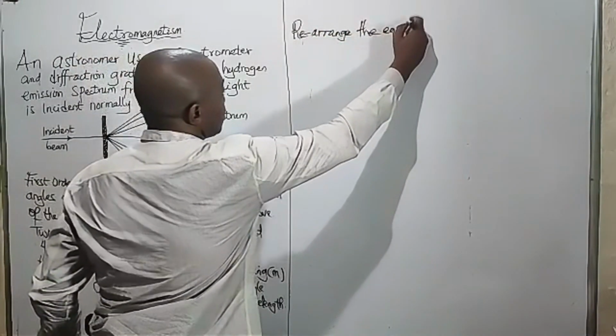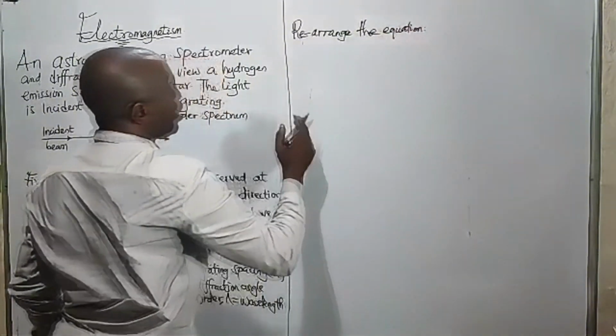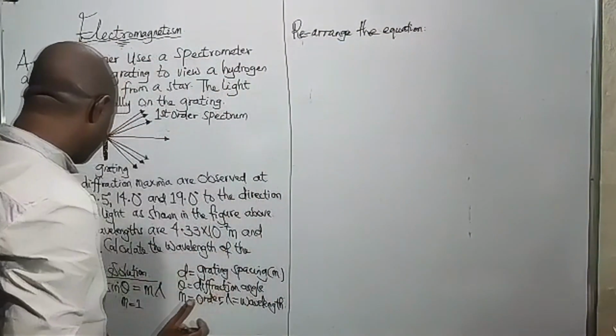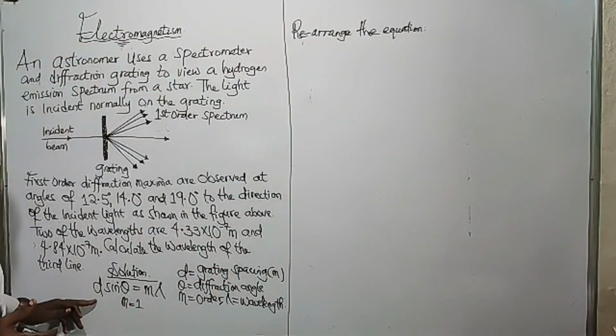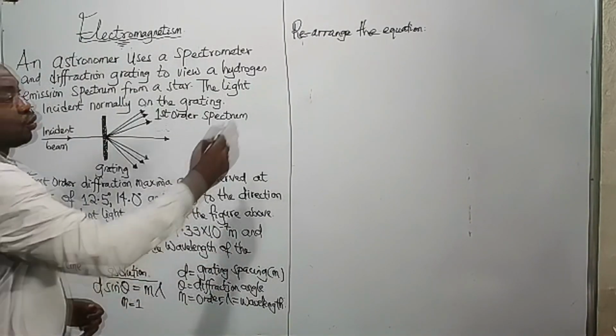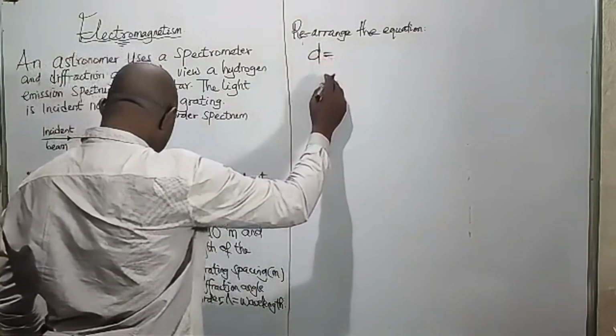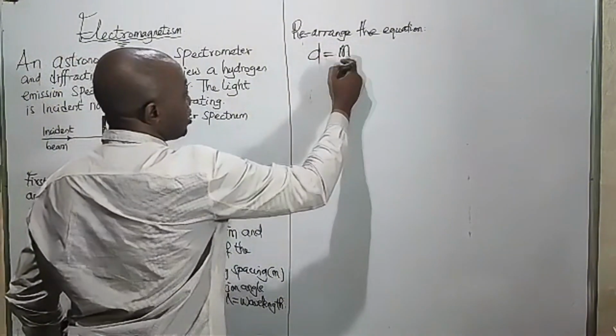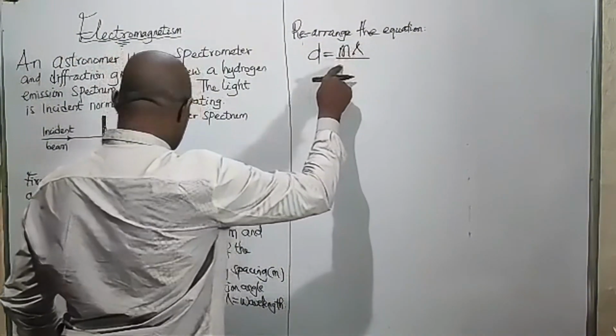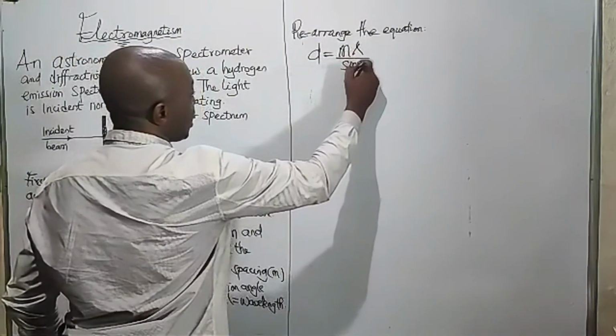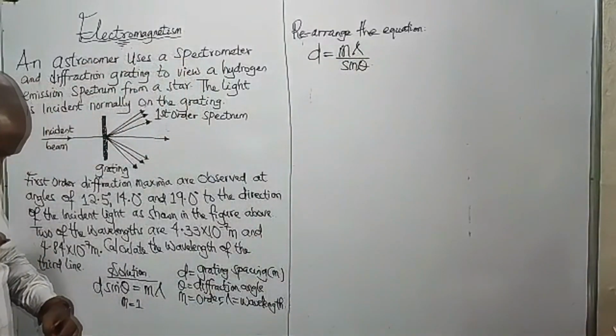We want to express d in terms of every other parameter. So d equals m, the order, multiplied by the wavelength, divided by sine of the grating angle.